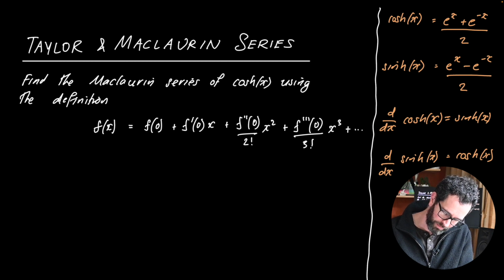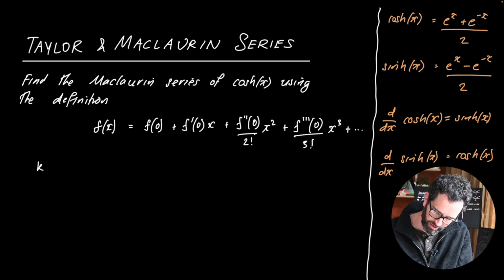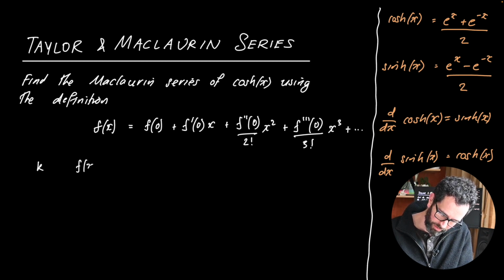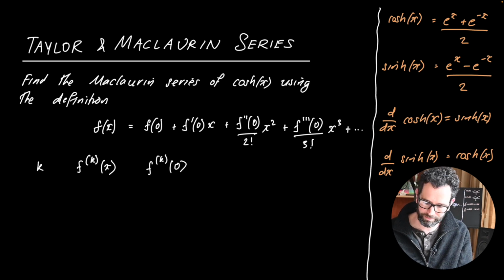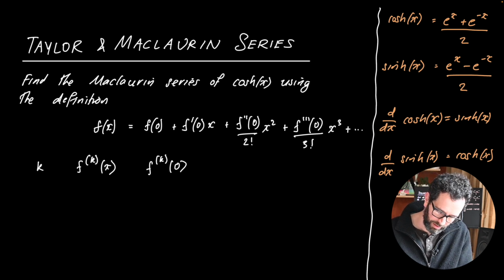So we'll go k for our 1, 2, 3, 4, 5, etc. And then we'll go f of x, or f, the kth derivative, which we write like that, of x, and then we'll go the kth derivative of 0 and see if we can spot a pattern. Because once we've got a pattern, then we can just plug the gaps in the formula and away we go.